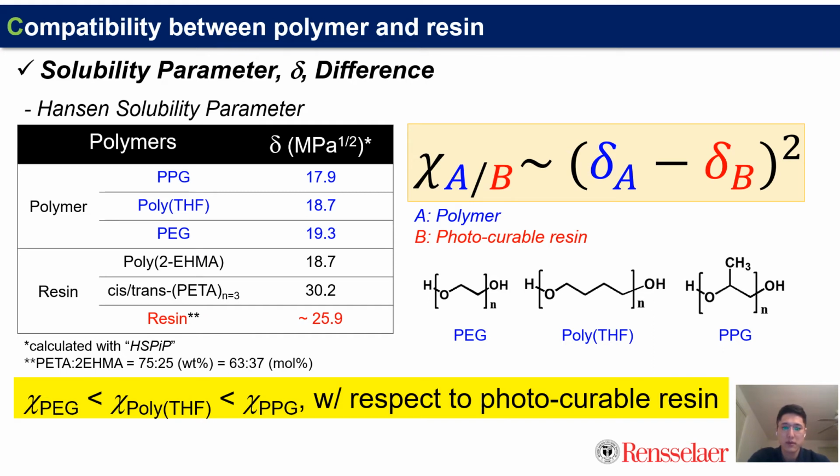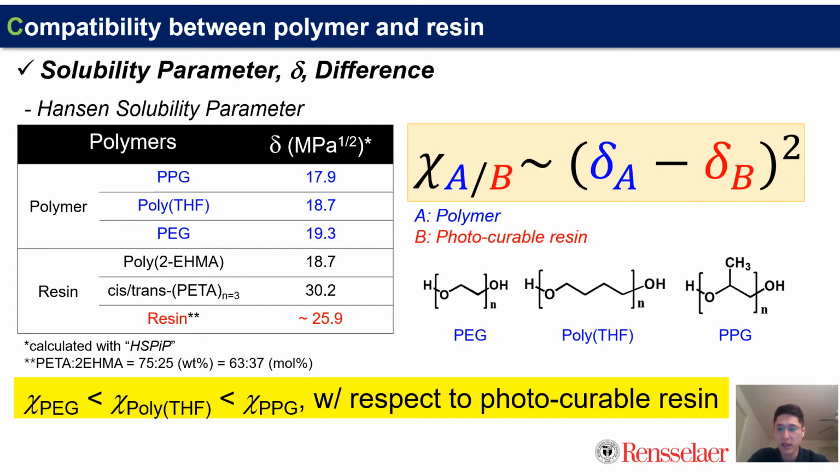To check the compatibility between the polyether and the resin, I compared the solubility parameters of the materials. The solubility parameter of the polymers increases in the order of PPG, polyTHF, and PEG, as shown in this table. The solubility parameter of the resin can be estimated as around 25.9 from the monomer ratio and their solubility parameters.